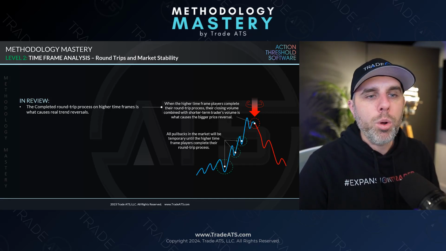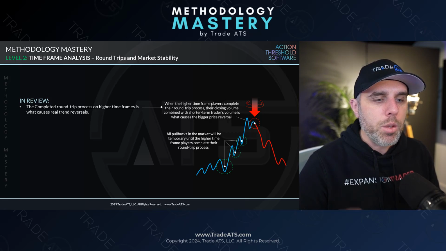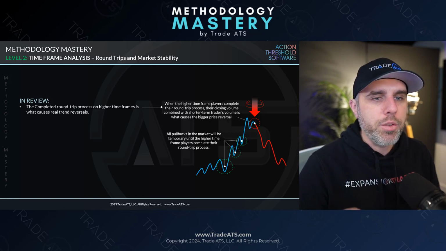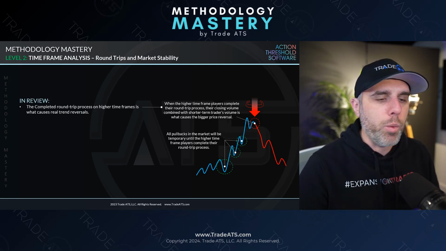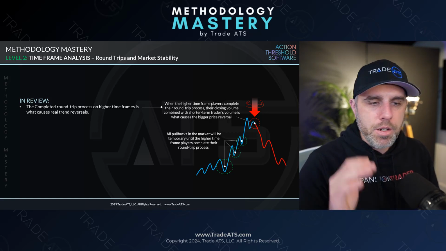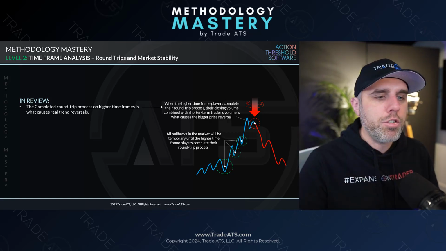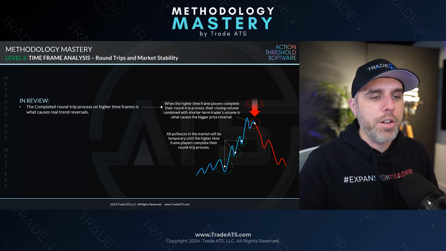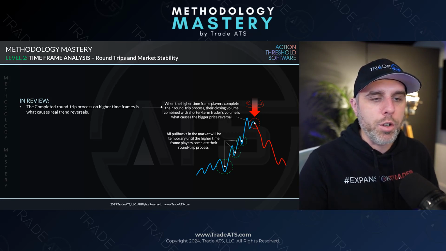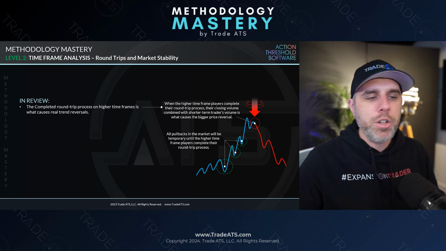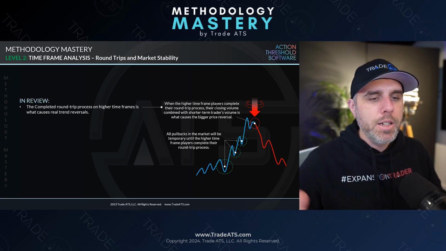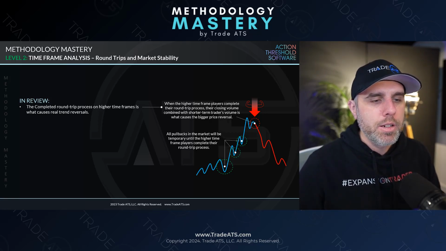All pullbacks in the market will be temporary until the higher time frame players complete their round trip process. The pullback is only as strong as the higher time frame player that is still in the midst of their round trip, meaning they don't have a good enough reason en masse to close out their trades.